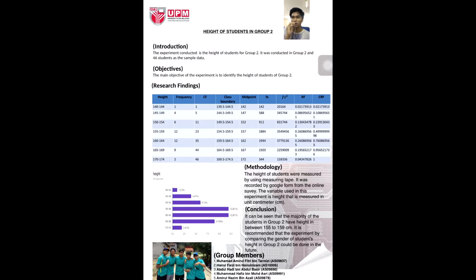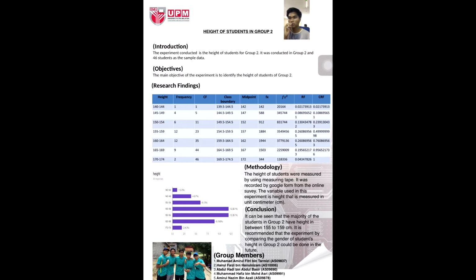To gather all this data, we use Google Form, which is the easiest platform to use nowadays. The variable that we use to measure height is in centimeters.